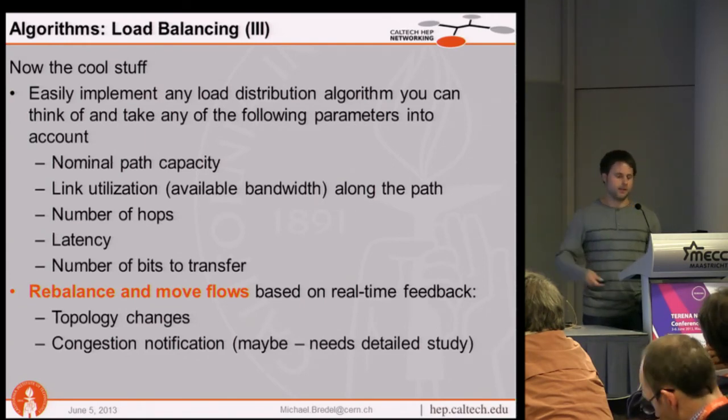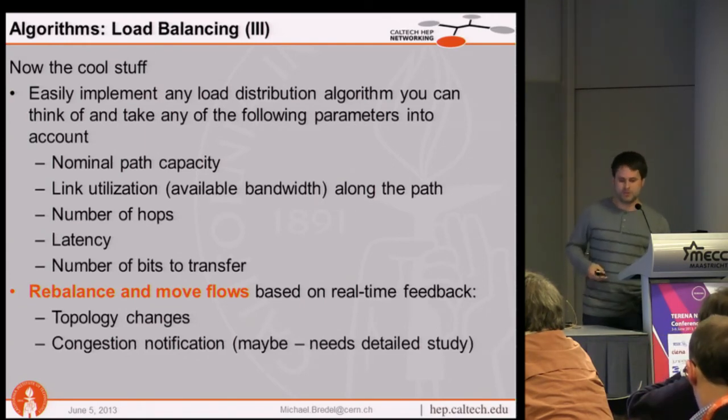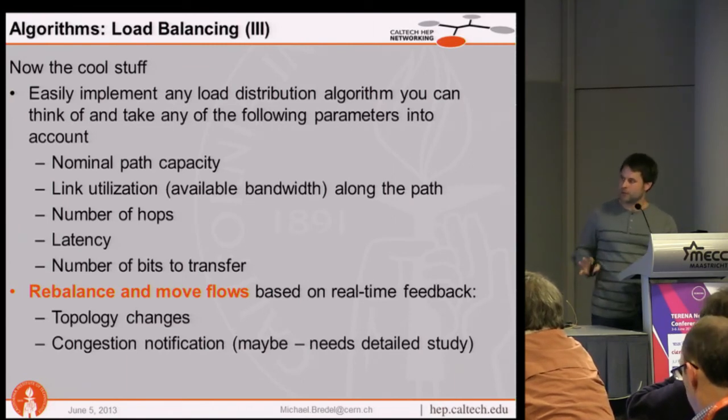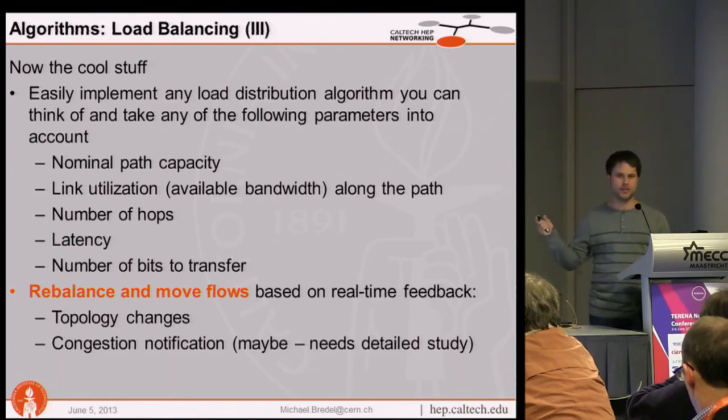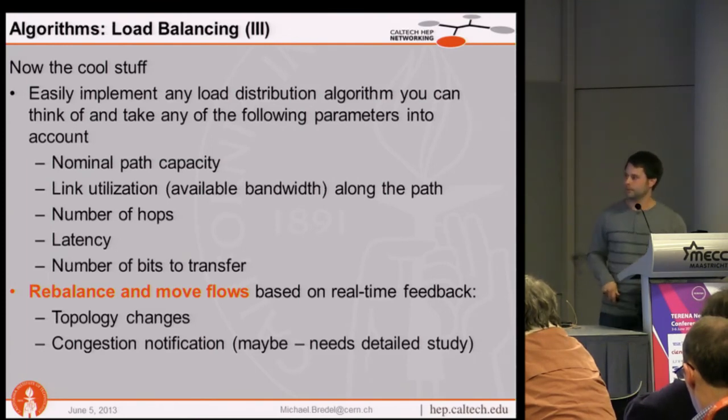You can take the number of hops into account, the latency. And something we want to try out, we did not do that yet, but are in the process of doing it, we want to have an application that tells us how much data it's going to transfer, and then we can also take this into account and see if we can improve the utilization of the network.